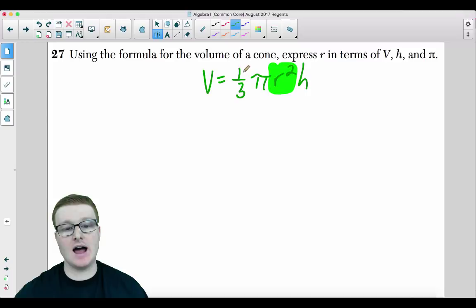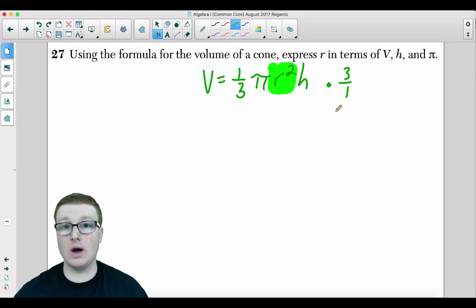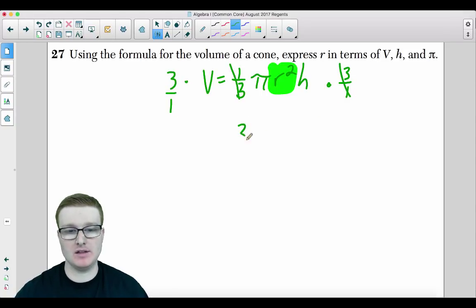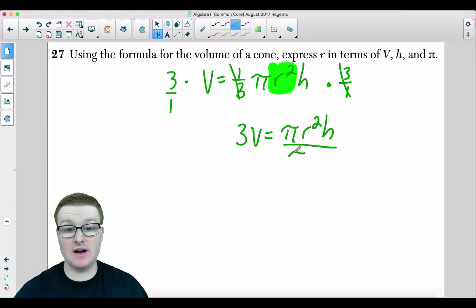In order to do that, I'm actually going to get rid of this 1/3 first. I'm going to multiply by its reciprocal, which is 3/1. Those cancel. We get 3V equals pi r squared times the height. Now we're just going to divide by pi and h.